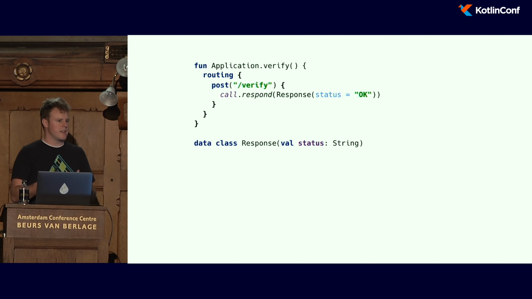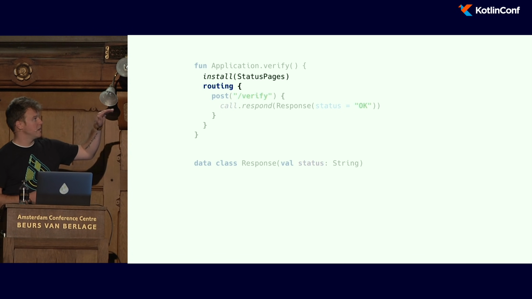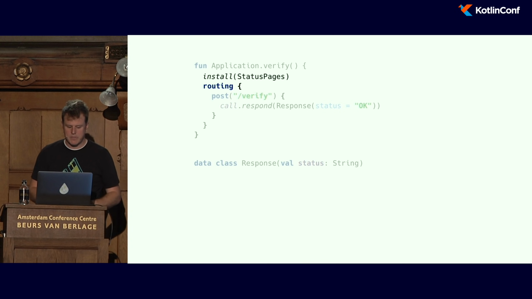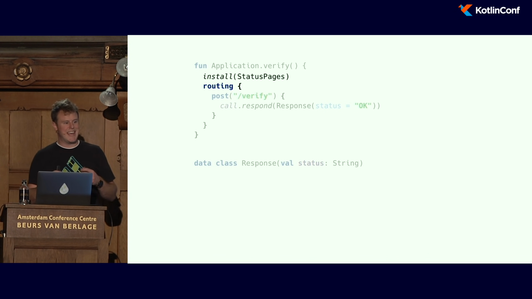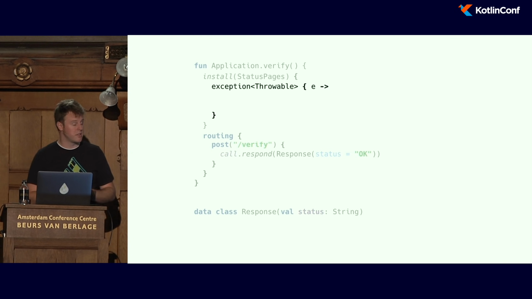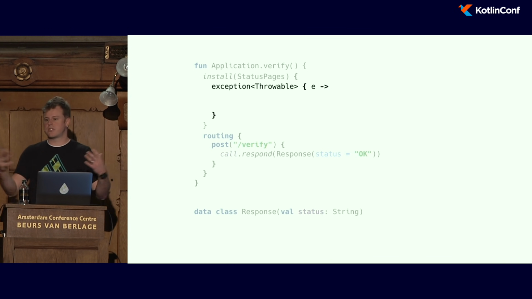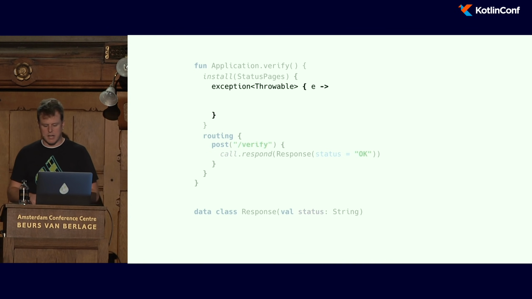In order to get this type of information back, we install a feature called status pages. And this is the standard feature installation notation. Status pages is a built-in feature, and it's a way that you can catch exceptions. In this case, we're going to configure it to catch the throwable, which is just any exception that might be thrown. And you can have it respond however you want.